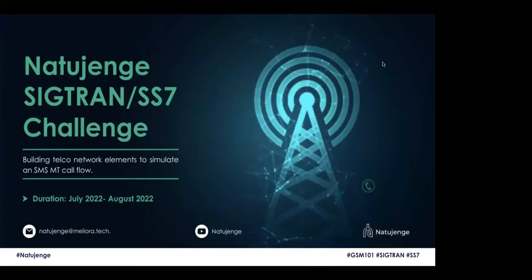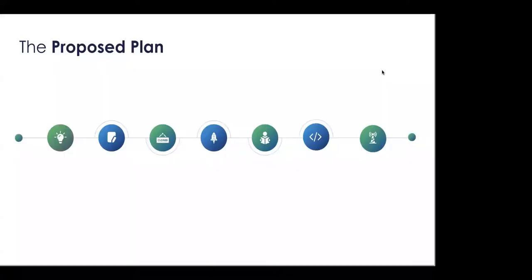So I will go straight to the proposed plan. We have a plan, yes. And the plan started sometime last month, in June 2022, where the idea of building the SS7 and SIGTRAN applications from Africa came. This is a follow-up from the series that some of you have been able to look at, the Love the Byte series.